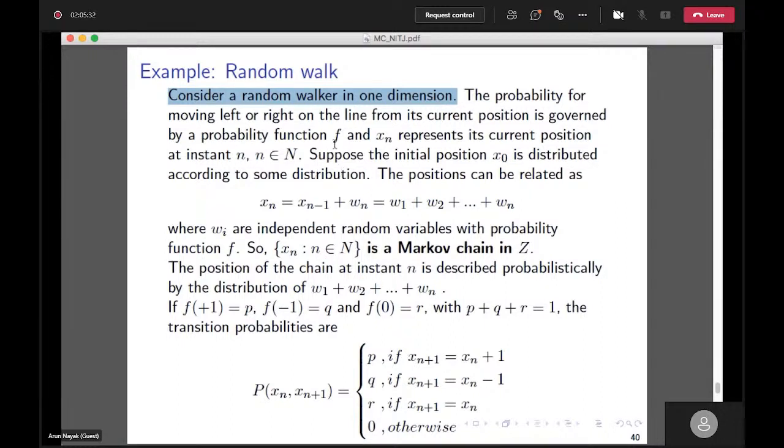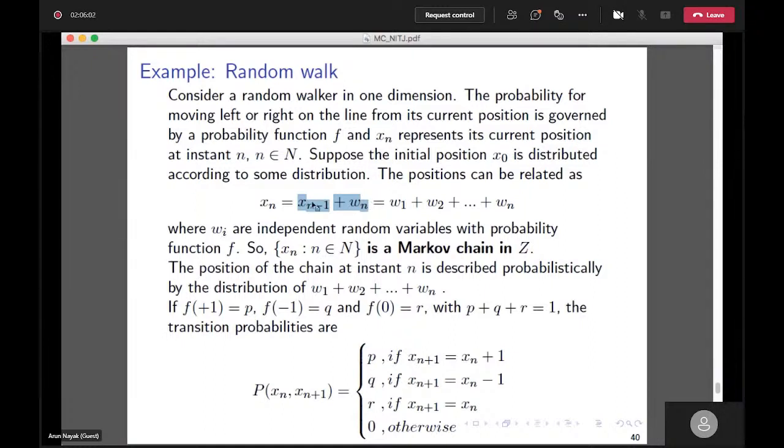Suppose we start with a position X0. Then the position at a given time or step n can be written like this: Xn equals Xn minus 1 plus omega n. Here omega n is an independent random variable with some probability function f of x.